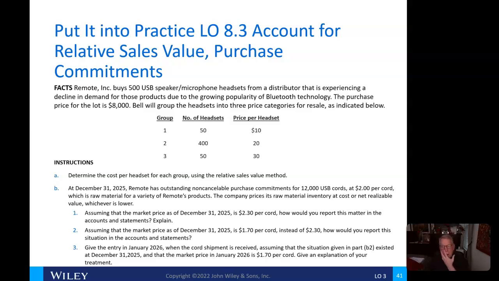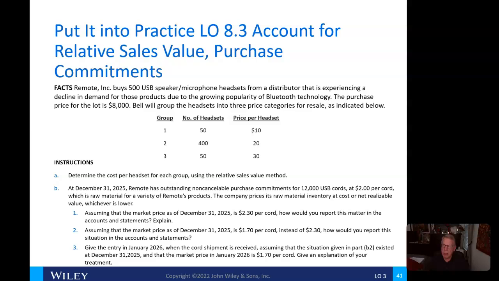Then number 2, assuming the market price as of December 31, 2025 is $1.70 per cord instead of $2.30, how would you report this situation in the accounts and statements?